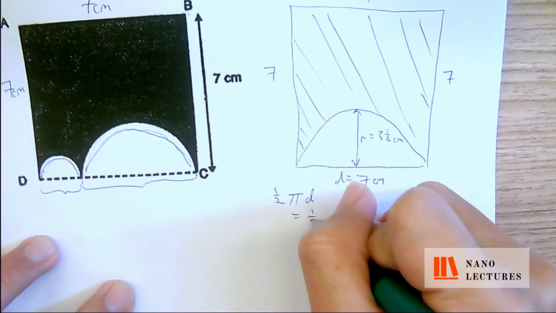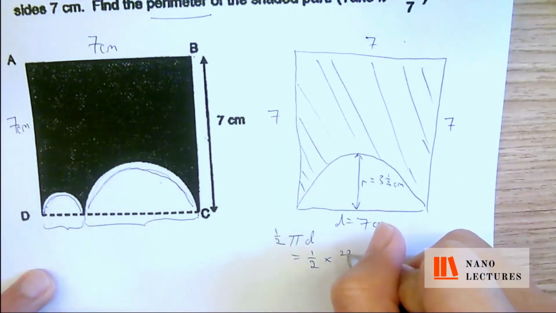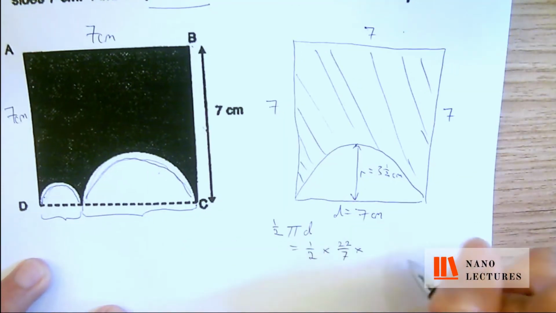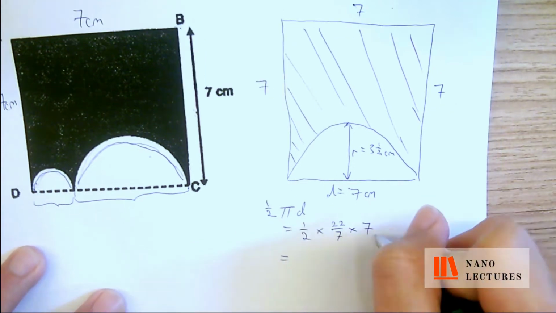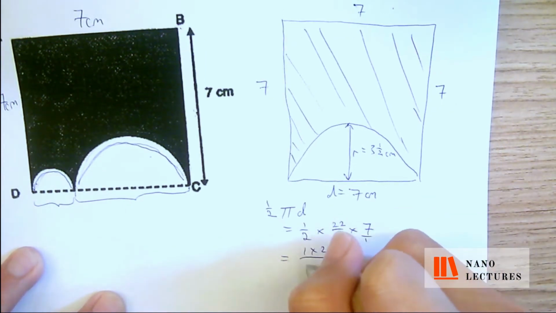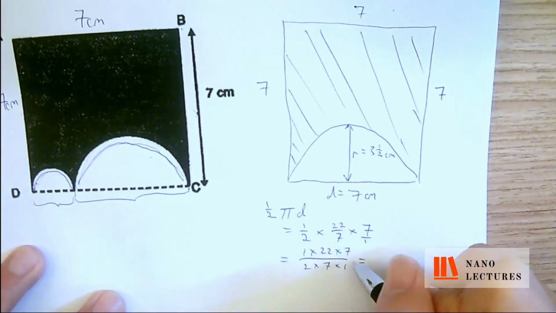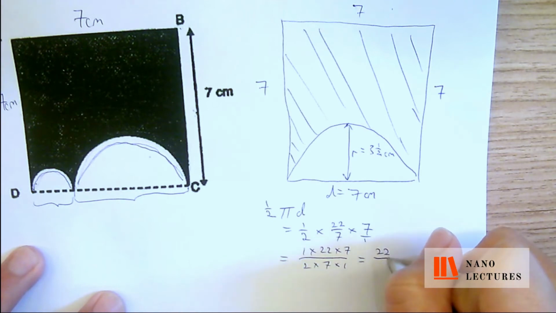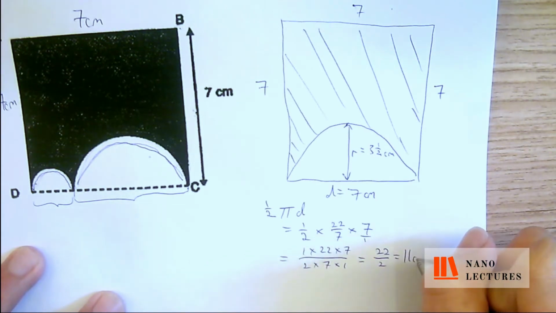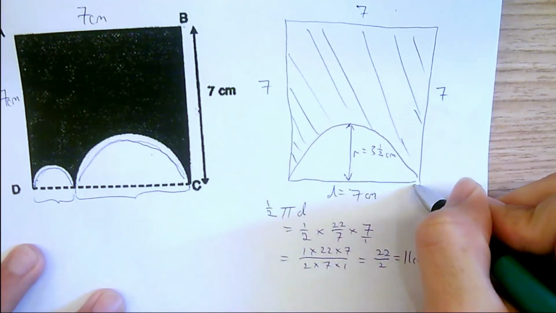So it's half times pi taken to be 22 over 7, multiplied by the diameter, which is 7. You just multiply them out. It is 1 times 22 times 7 over 2 times 7 times 1. So this answer would give me 22 over 2, giving me 11 cm, which means that this is 11 cm.